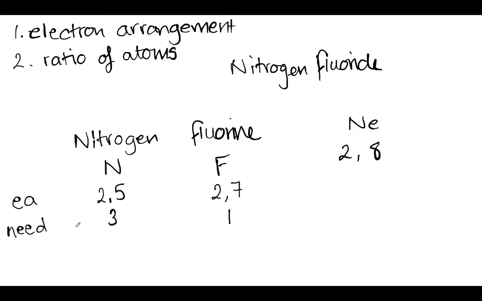To get the ratio for this molecule, we swap the numbers over, like so. So in a molecule of nitrogen fluoride, we have 1 nitrogen atom and 3 fluorine atoms. Here is how we draw this out.